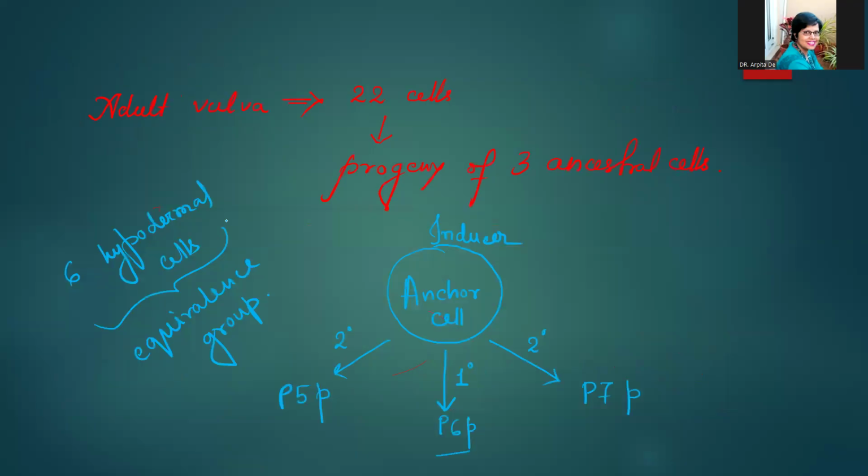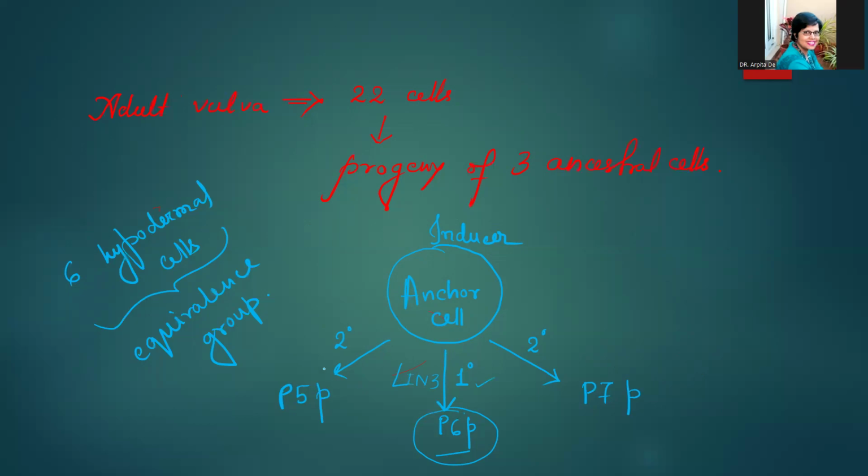You can see here P6.p is closest to the anchor cell, so it comes under the direct effect of the gradient. Lin-3 is produced by the anchor cell, and this is closest, so it gets the maximum effect and adopts primary fate.